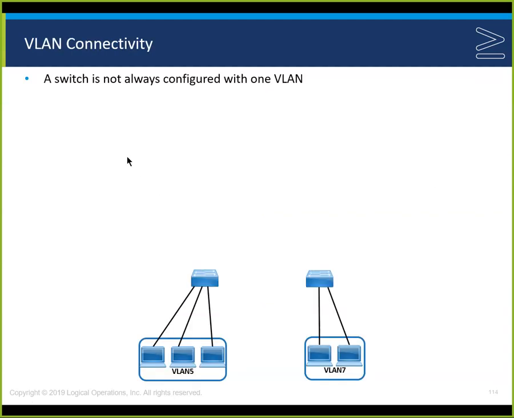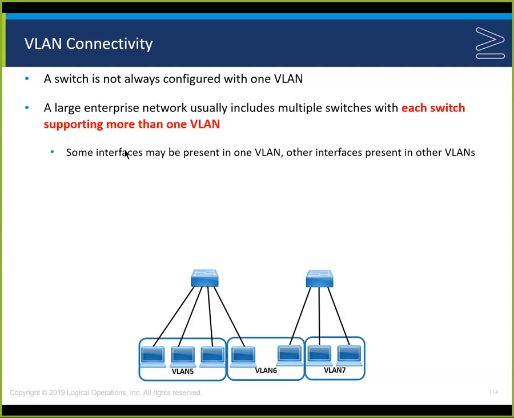The VLAN connectivity, not always in one VLAN, and this is where we're going to do a trunk port. Here's what we're talking about. Not always configured with one switch, is not always configured with one VLAN. A network usually includes multiple switches, with each switch supporting more than one VLAN.